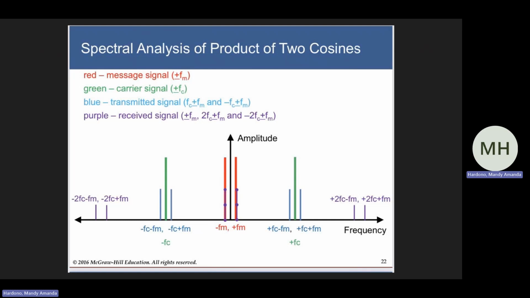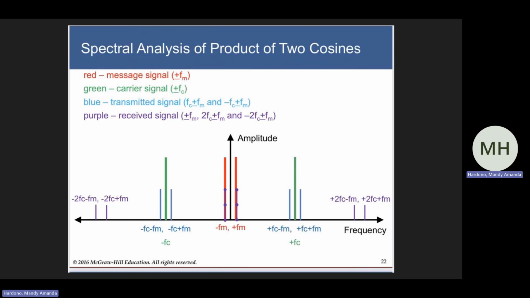You're going to be given the message signal and the carrier signal in a problem, and you're going to figure out the different frequencies whenever you're trying to get the transmitted or the received signal. So given the message and the carrier signals, you're going to figure out the blue here, transmitted signal, and the purple, received signal.